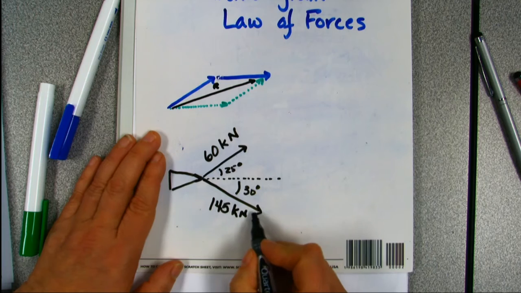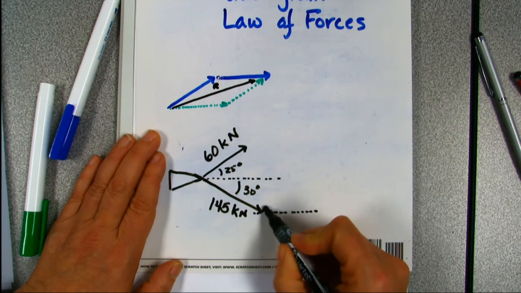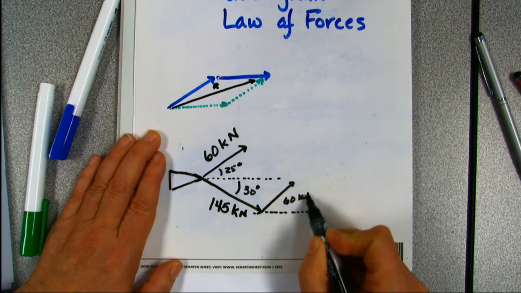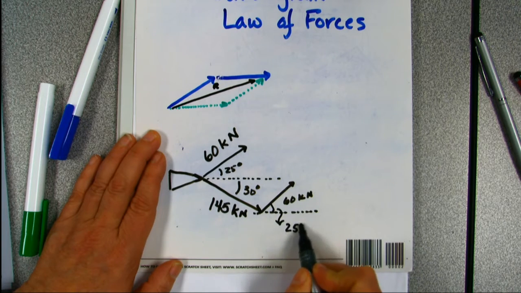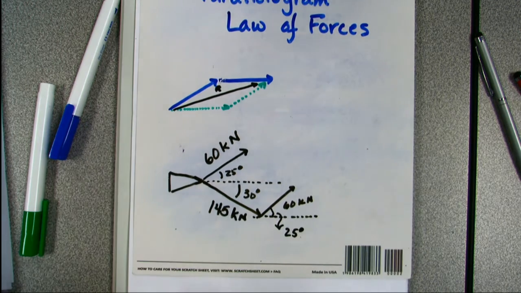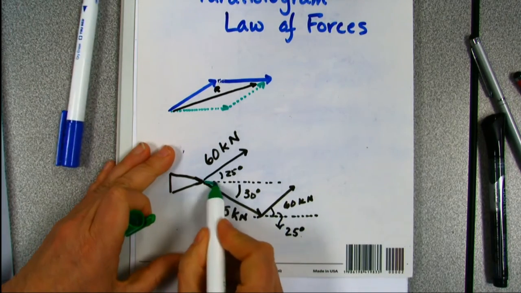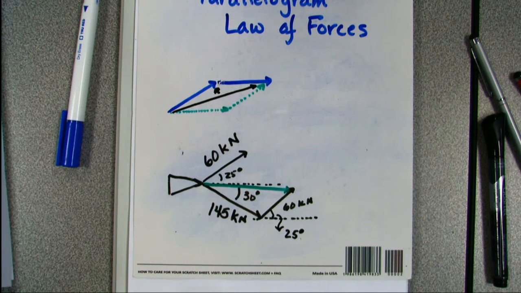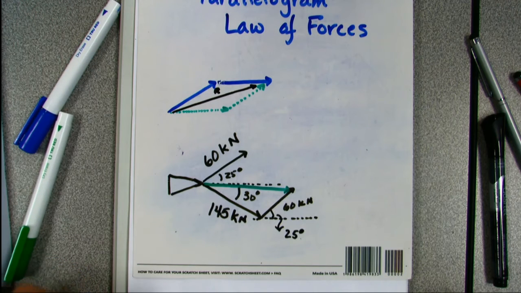Well, I can do this geometrically, because I can put my 60 kilonewton force here at 25 degrees. And that is going to give me some resultant vector. If I have drawn this to scale, that looks like that. Guess what? That's my parallelogram.